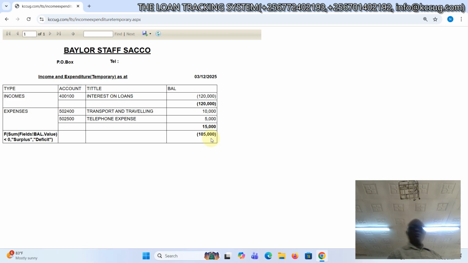So the computer shows you that you have a surplus of 105. So when we go to the annual general meeting, we tell them that during the year we made a profit of 105.